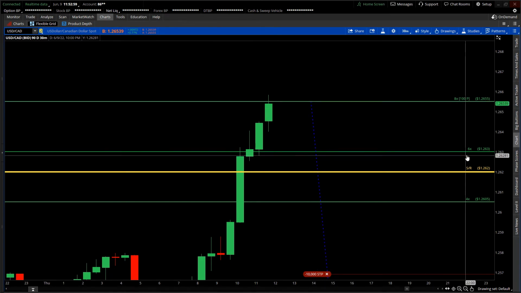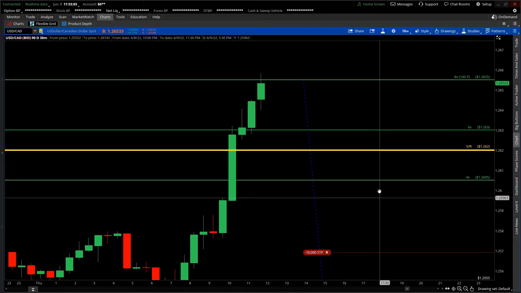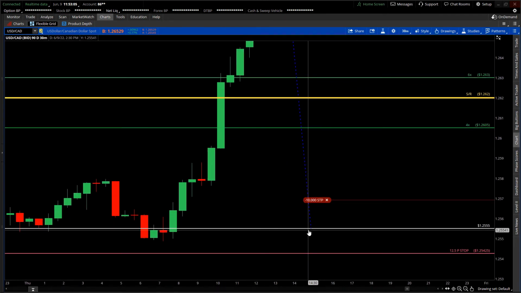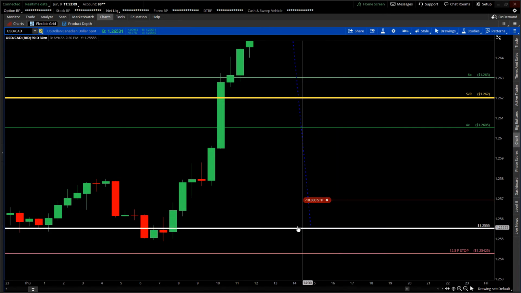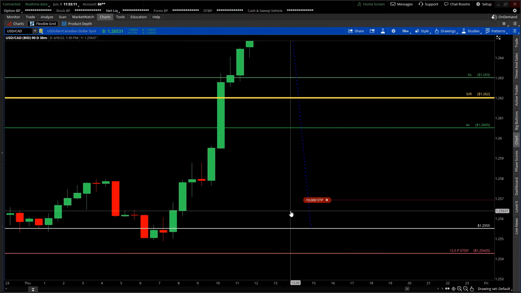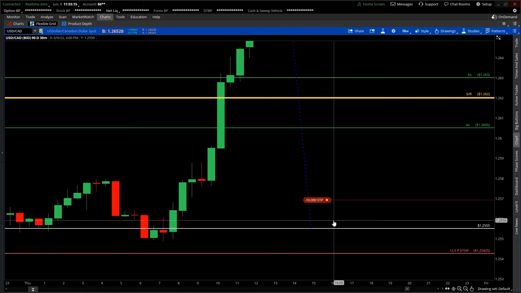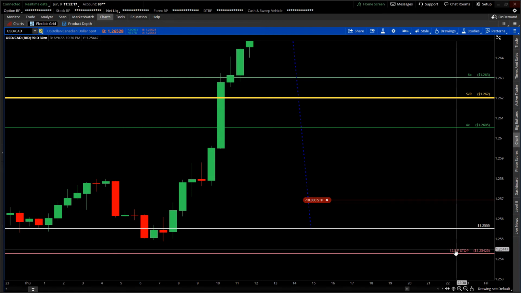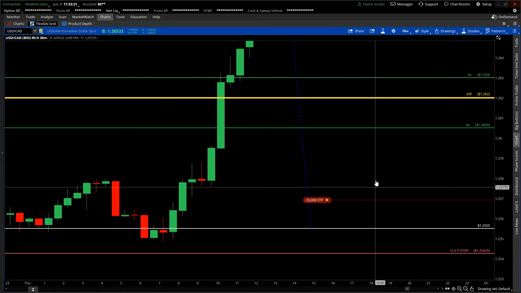The 6x risk to reward is right here, 4x risk to reward is right here, and my entry price is here. I've moved my stop above my entry price, so I'm guaranteeing a profitable trade at this point. My stop was initially 12 and a half pips down here.